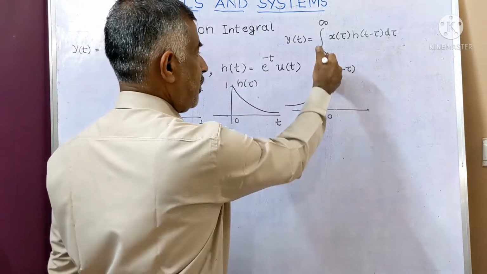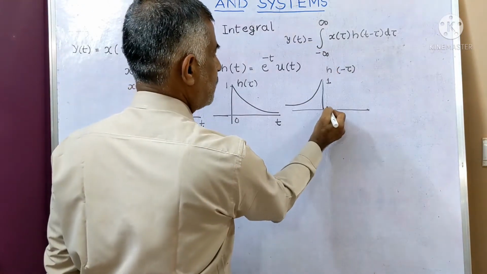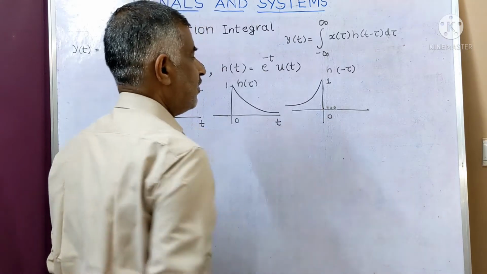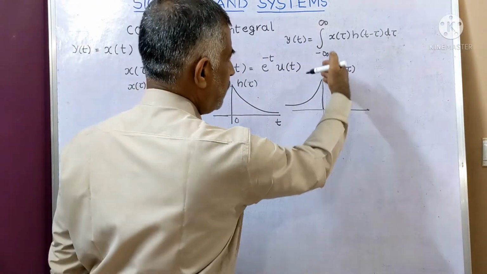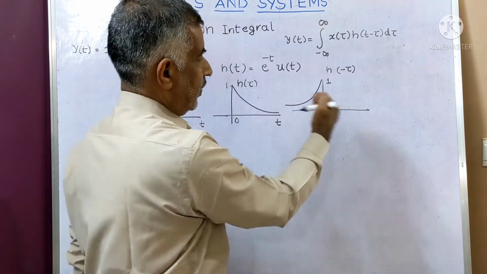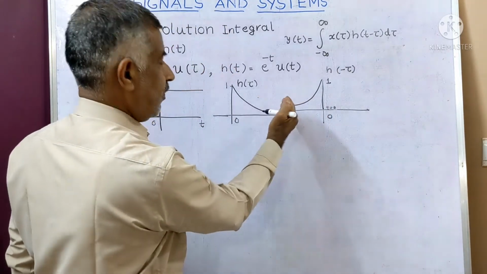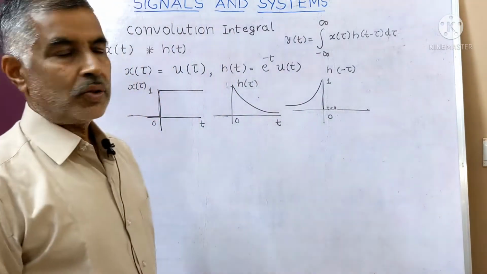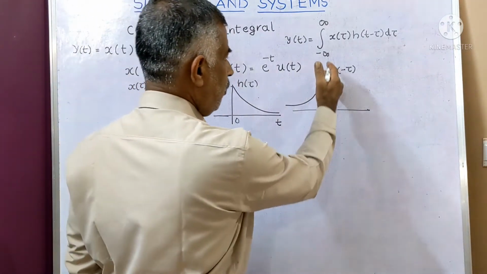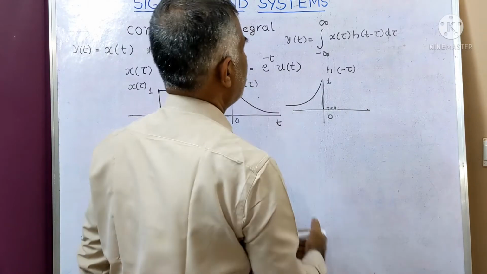And this is the edge at t equal to 0. If you shift, there is no other edge, because at the other end the waveform is coming from minus infinity. So there is no edge. Now I have to shift this by t units.